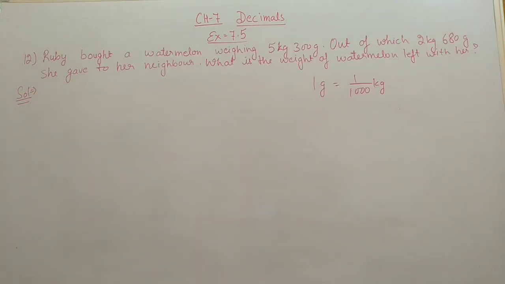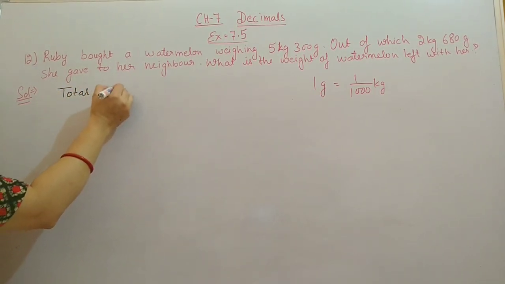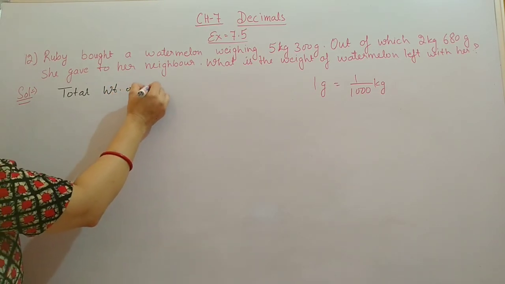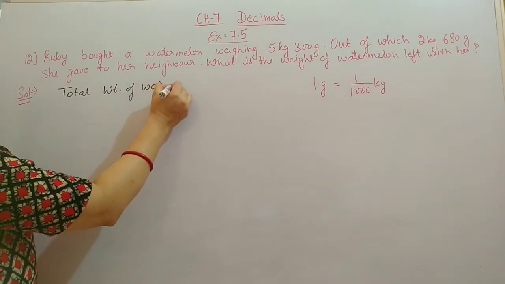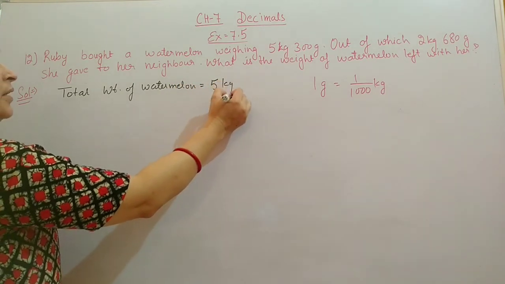Next, question number 12. Ruby bought a watermelon weighing 5 kg 300 gram, out of which 2 kg 680 gram she gave to her neighbor. What is the weight of watermelon left with her? So total weight of watermelon is 5 kg 300 gram.